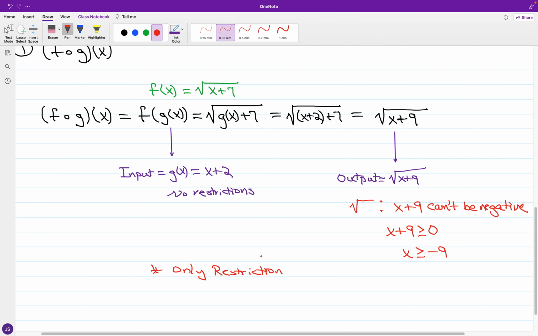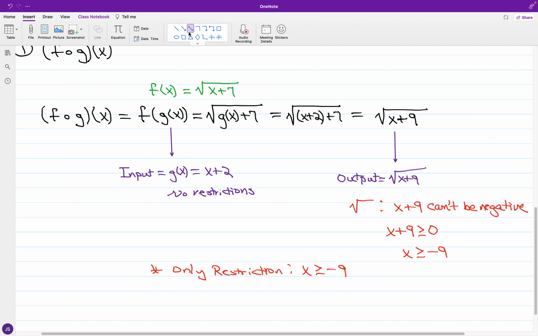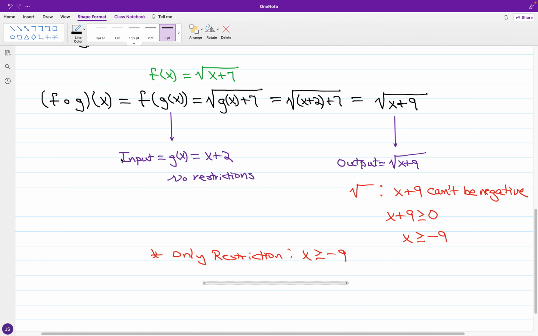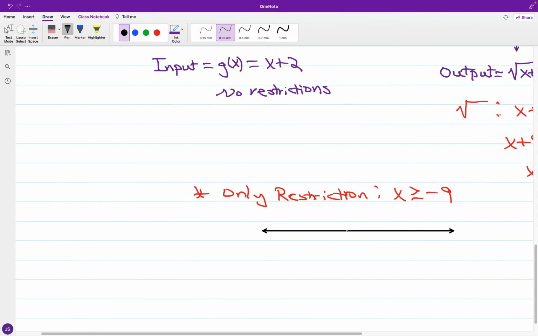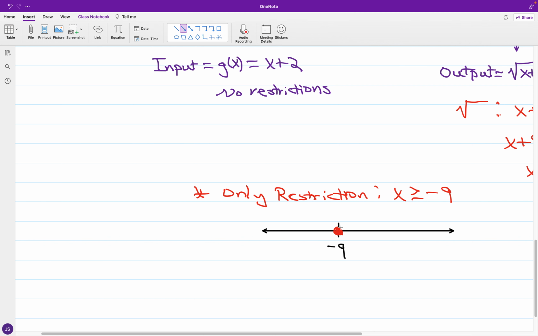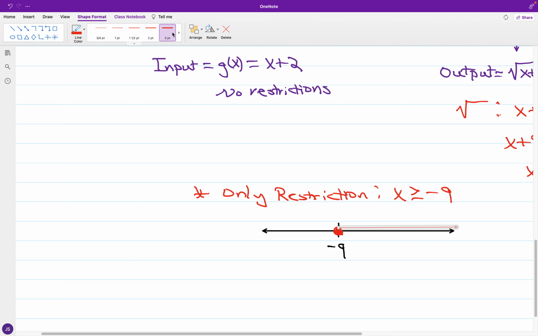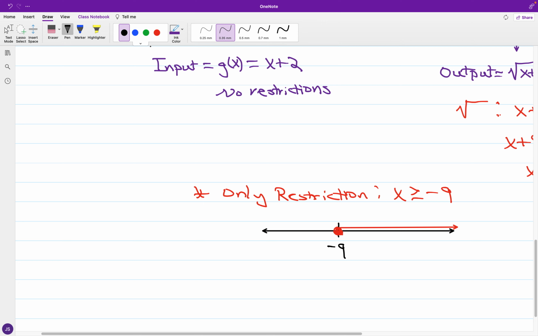Again, between the input and the output, the only restriction is that x is greater than or equal to negative 9. Okay, so you have from and including negative 9, and the rest of the values, okay, have to be greater than. So I have a ray that's going to go out to the right. And we have approaching infinity.